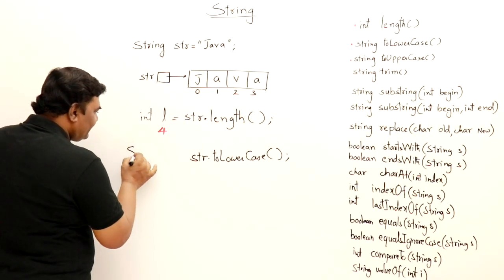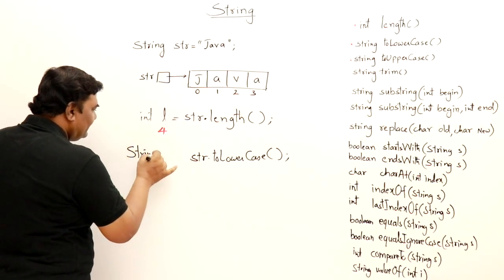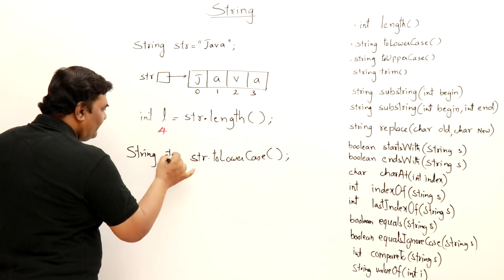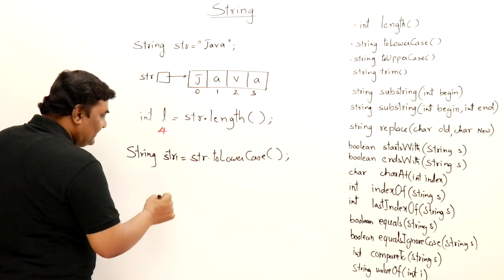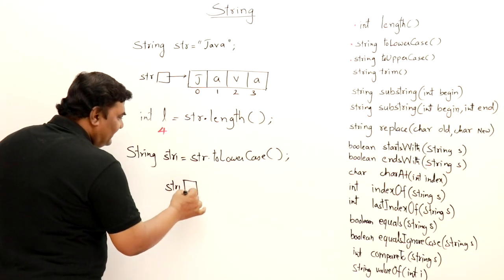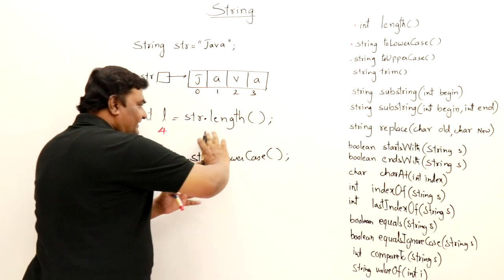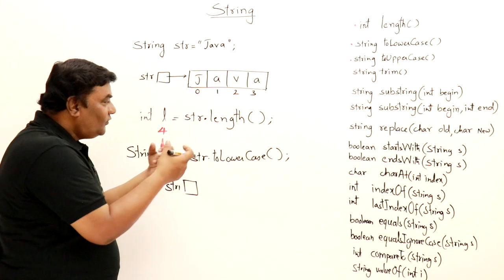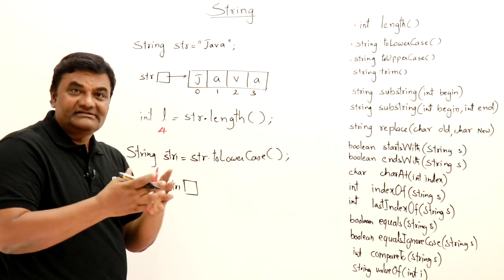So I'll take one more string reference. I'll declare String str1 and assign this to it. Now str1 is a new reference, right? And toLowerCase will create a new object with all lowercase and return that object.